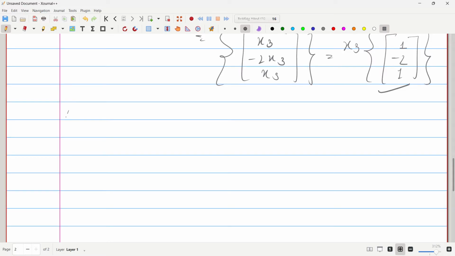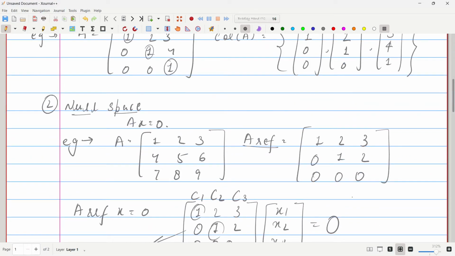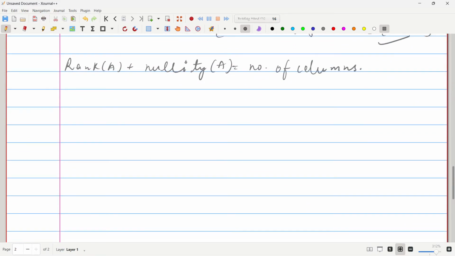And talking about the rank-nullity theorem: rank of A plus nullity of A is equal to the number of columns. If we take this matrix as an example, the rank of this matrix is 2. So if the rank is 2, then 2 plus nullity, which we have to find, equals the number of columns.